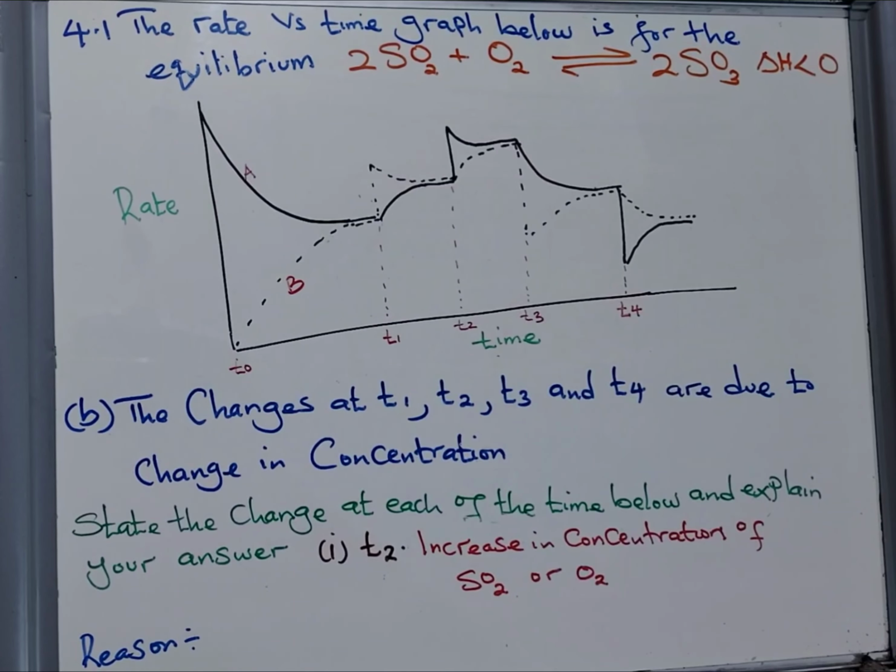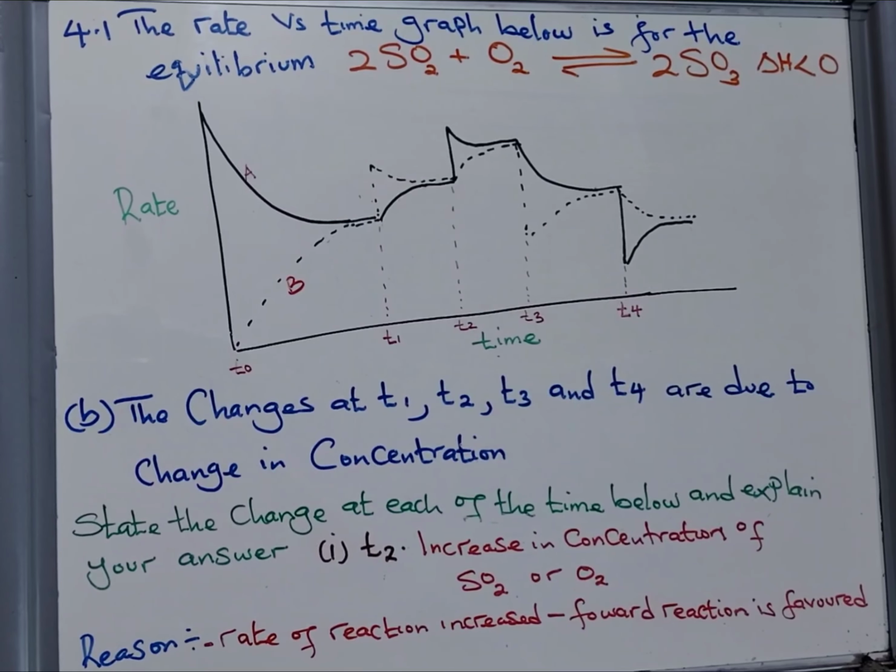And what is the reason? The first reason is that rate increased. And the second reason is that forward is favored. Those two mean that whatever you are increasing must be a reactant.